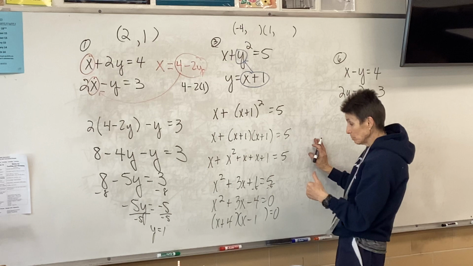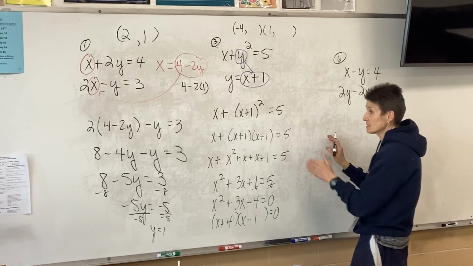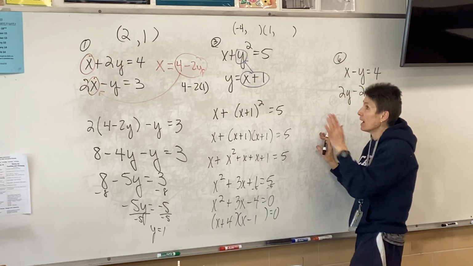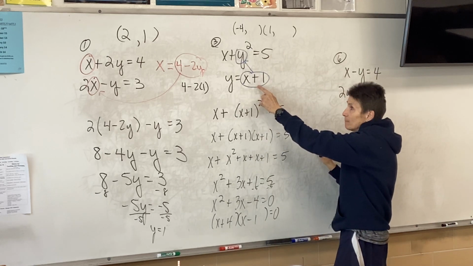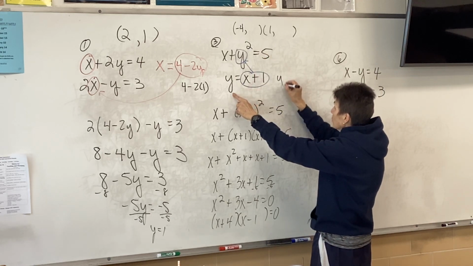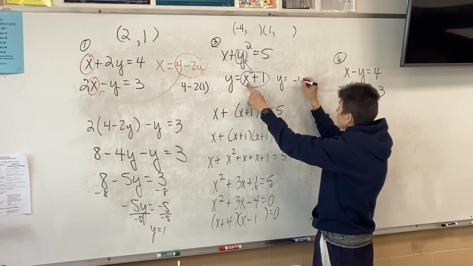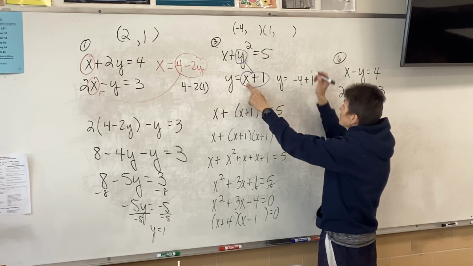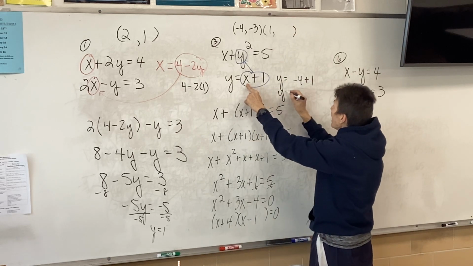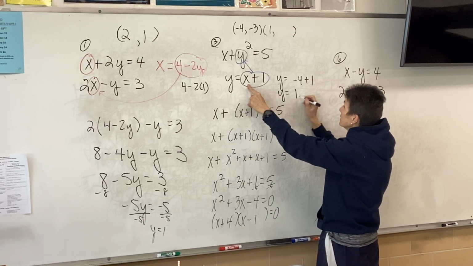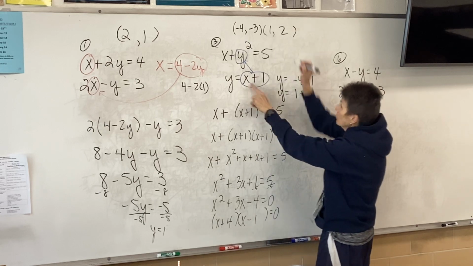So I'm going to go back and plug in my x values one at a time, anywhere I want. It makes sense to me to plug them in right here. So y equals -4 plus 1, that will be -3, or y equals 1 plus 1, so that will be 2.